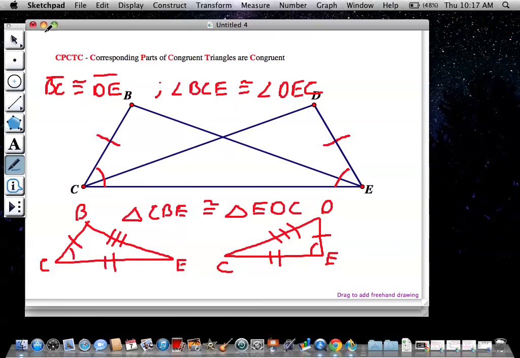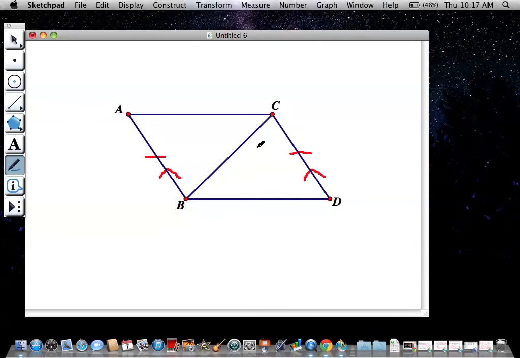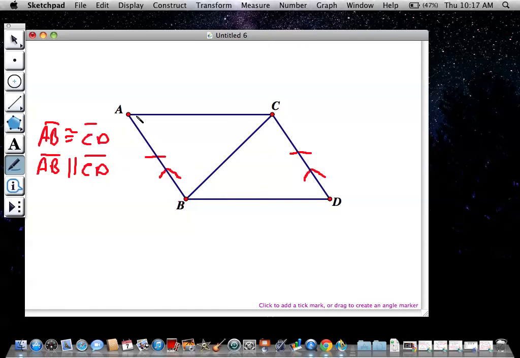Okay, let's look at another example. You're given that AB is congruent to segment CD, and AB is parallel to CD. So they're congruent and they are parallel.